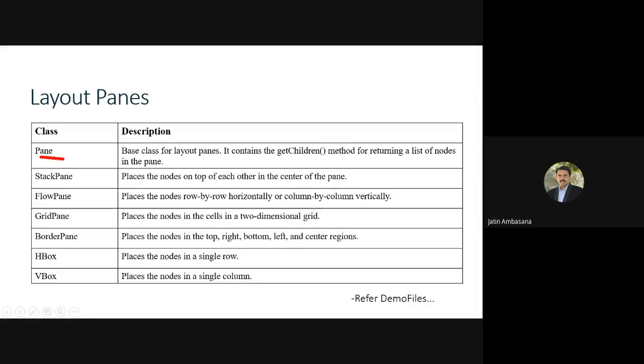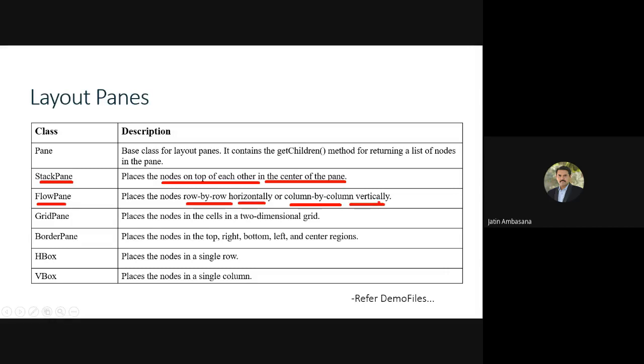So pane is the base class for layout panes. It contains the getChildren method for returning a list of nodes in the pane. Now comes the stack pane class, which places the nodes on top of each other in the center of the pane. Then there is a flow pane, which places the nodes row by row horizontally or column by column vertically.